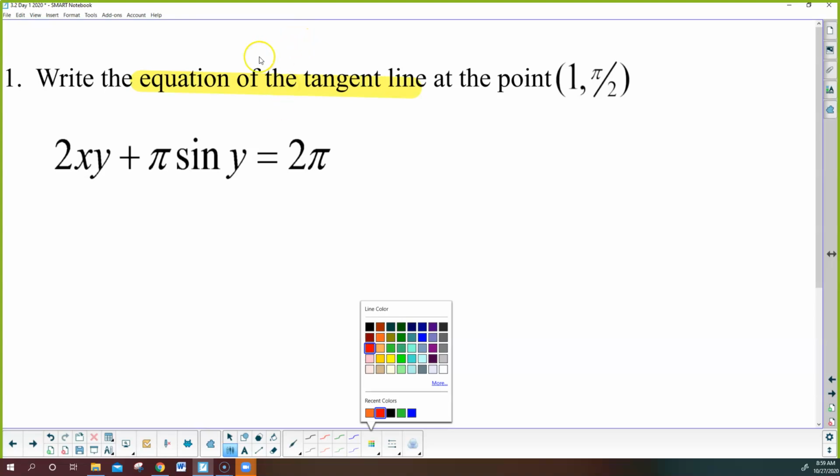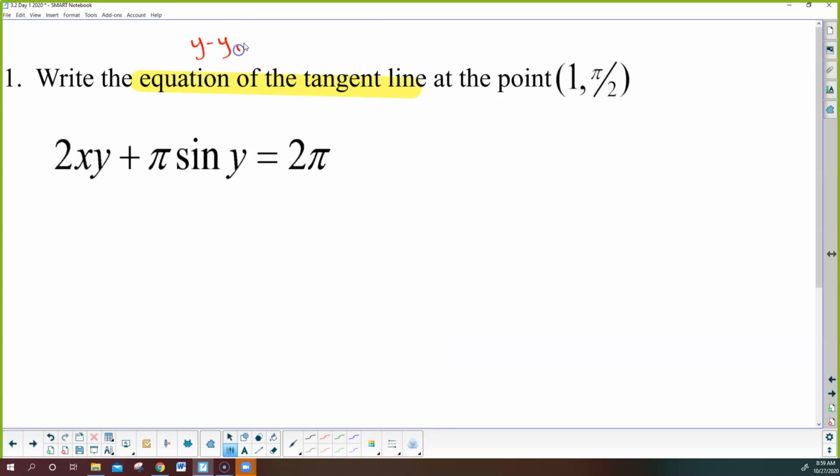Well, my brain right away goes to the point-slope equation. And we have to find the equation at the point. Well, that's nice. They give us x1, y1. The only thing that they don't give us is the slope.